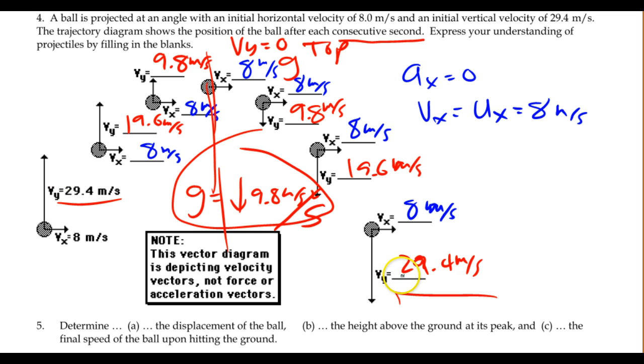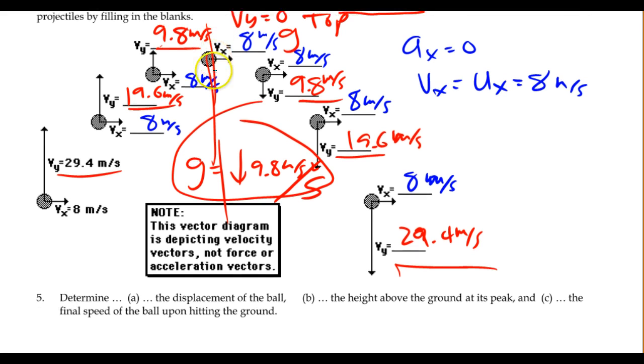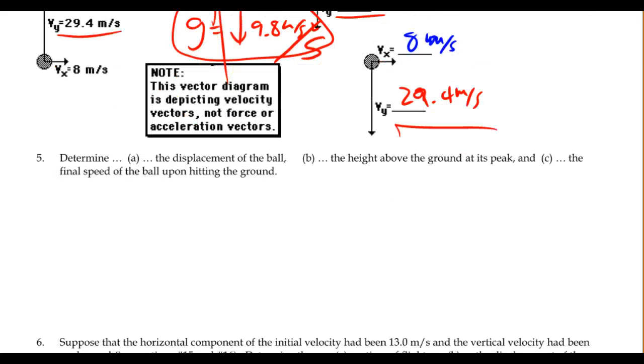Now, it's in the opposite direction, but the magnitude is the same. 19.6, 19.6. Opposite direction, same magnitude. 9.8, 9.8. Opposite direction, same magnitude. So don't forget to use symmetry in these cases. Symmetry is your friend.